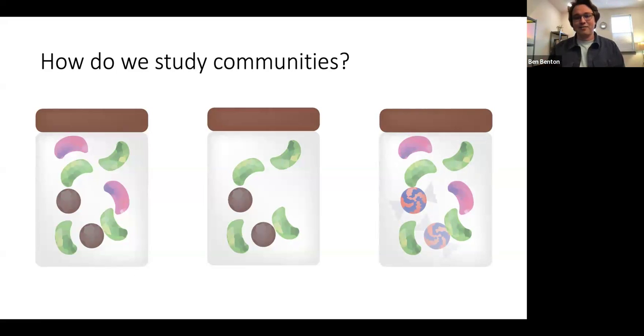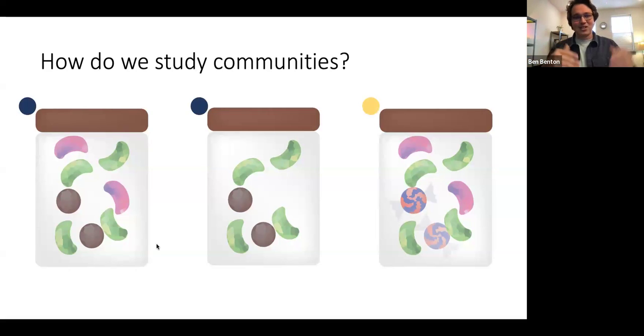Here I have three examples of a community of candy in a jar, where the composition of each jar is different, and the abundance of each candy within the jar differs from community to community as well.